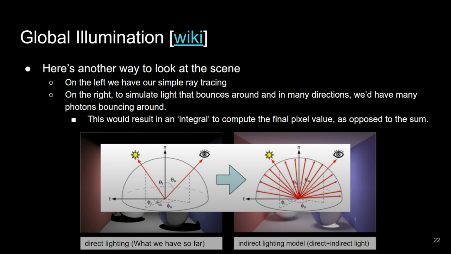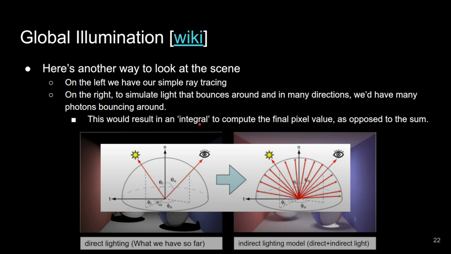Now, why we don't typically do this, or at least why we didn't start the course by modeling using this technique of global illumination, which takes into account indirect lighting as well as just the direct lights, is that we have a bunch of rays here. So in order to figure out the actual color of this pixel, we have to take the integral. What's an integral from your calculus days?